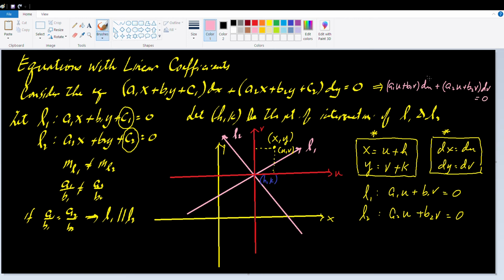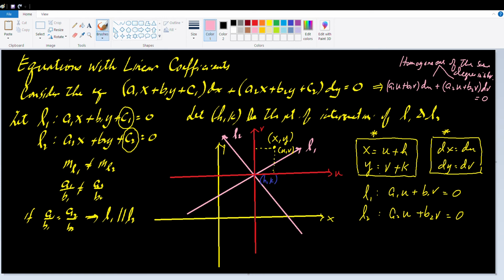And this equation is homogeneous. Both coefficients are homogeneous of the same degree in u and v. And we know that an equation with homogeneous coefficients of the same degree has a solution.